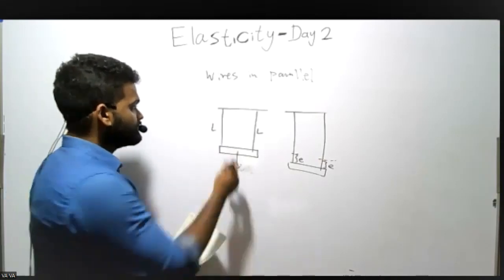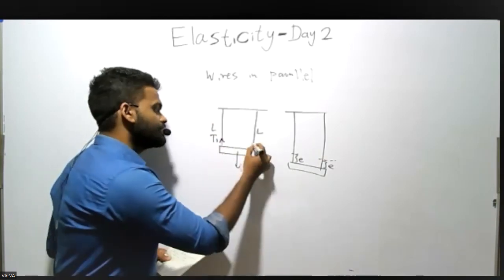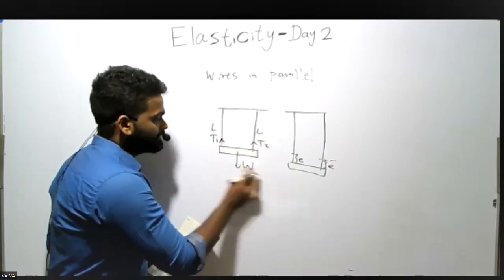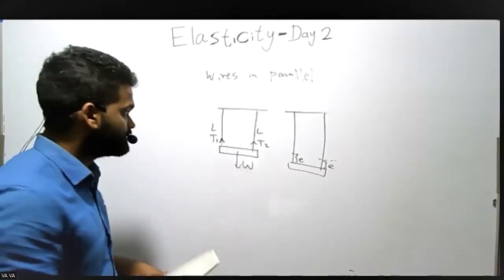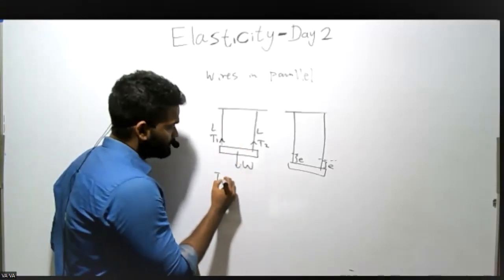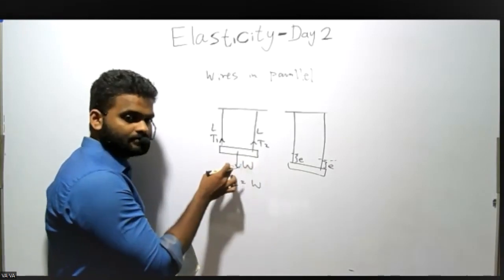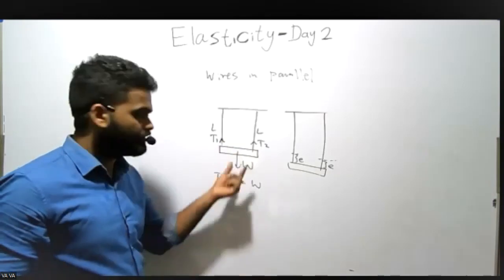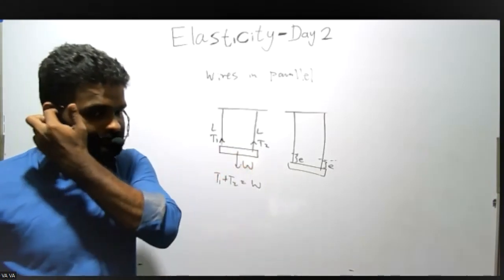Let's say the tension of this wire is T1 and the tension here is T2, and the weight is W. In a parallel connection, the sum of these tensions is equal to the weight of the object hanged from these wires.